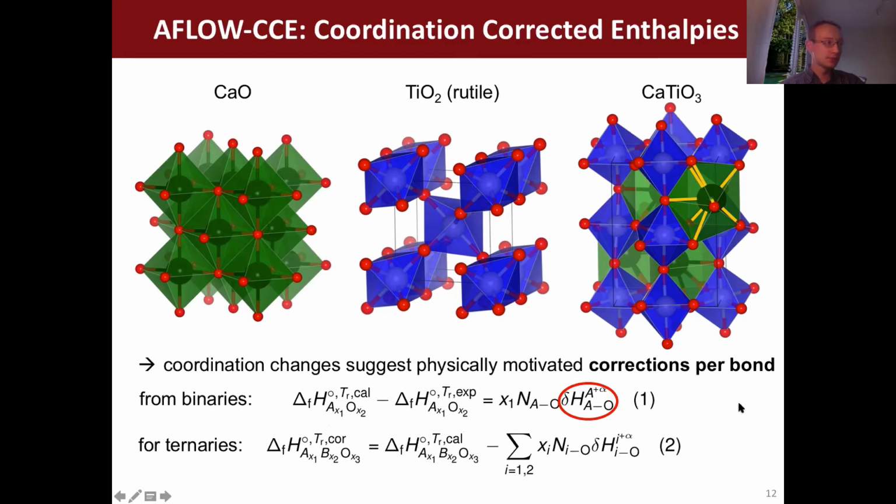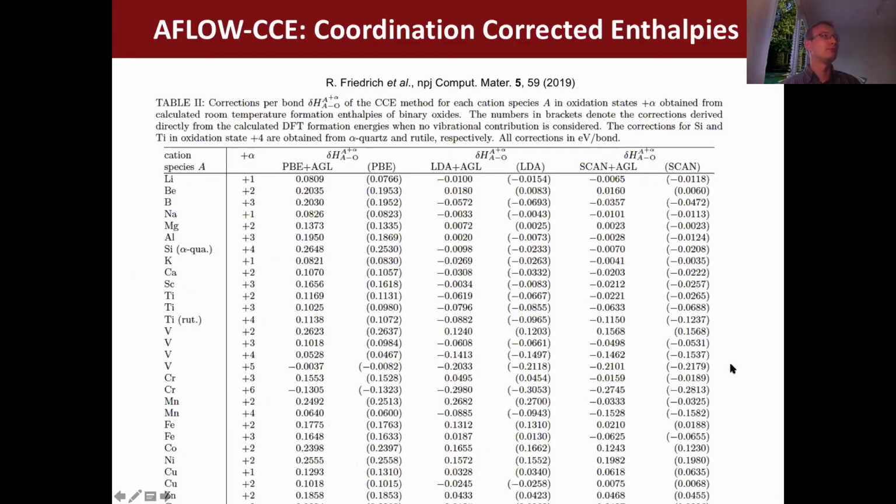And I have deduced these corrections for many oxides already in several oxidation states. So in this publication, there's actually a big table where for 3 different functionals, PBE, LDA, and SCAN, we have all these corrections listed for all the different oxidation states. And this oxidation state dependence is also very important, because when you look at vanadium, for instance, vanadium is known to occur in oxidation states +2, +3, +4, and +5.